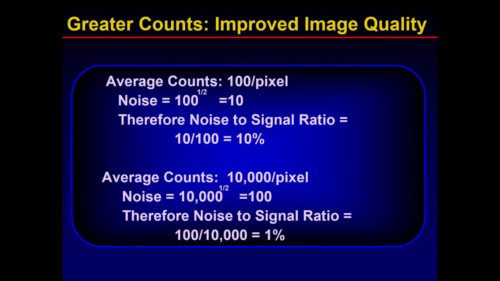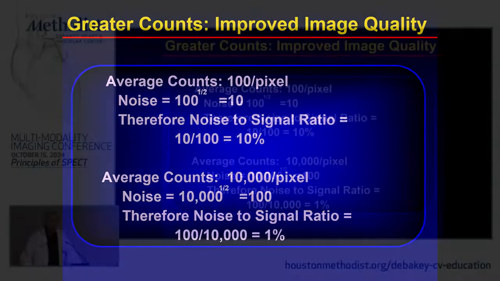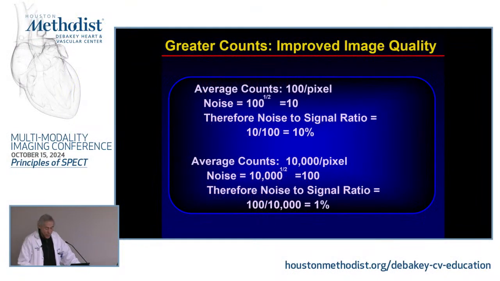Because if you have a lot of noise, you're going to have to overfilter. And overfiltering is not what we want to do. We would like to use the least amount of filtering possible to keep the high resolution information available, but also to reduce any very noisy images that would be difficult to interpret.